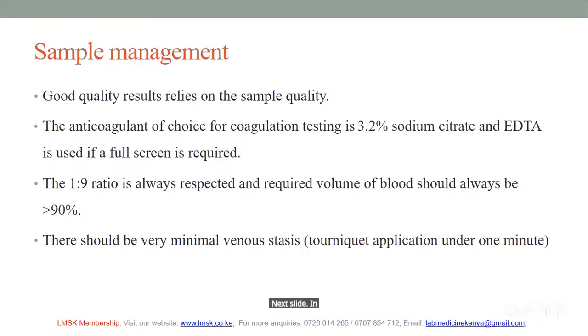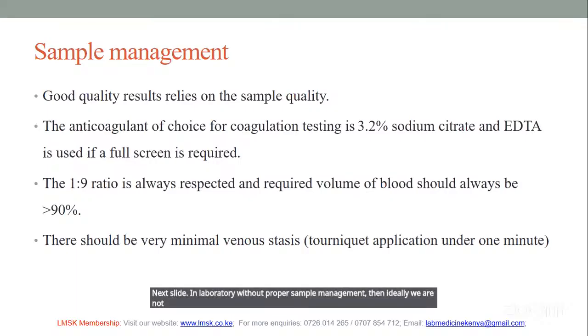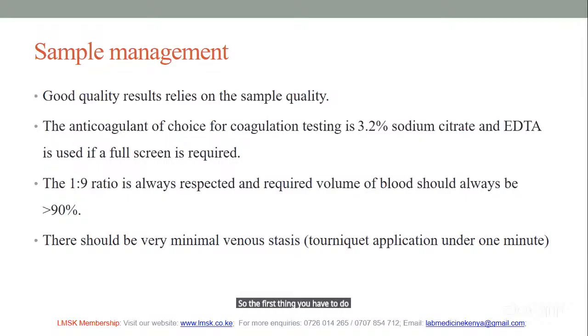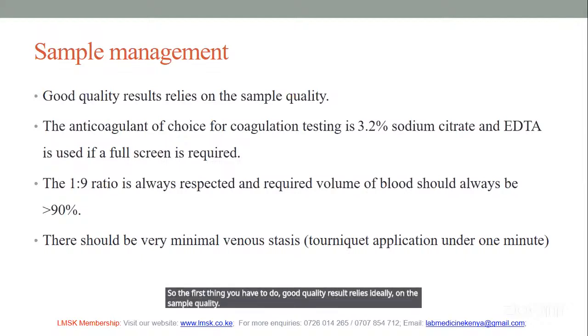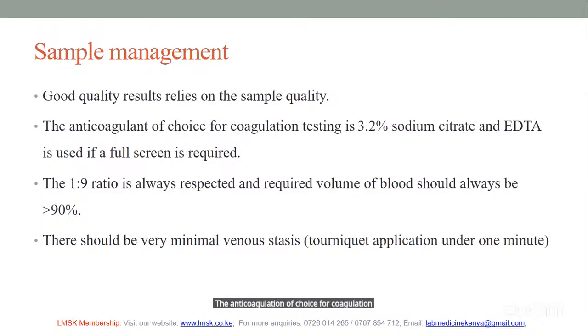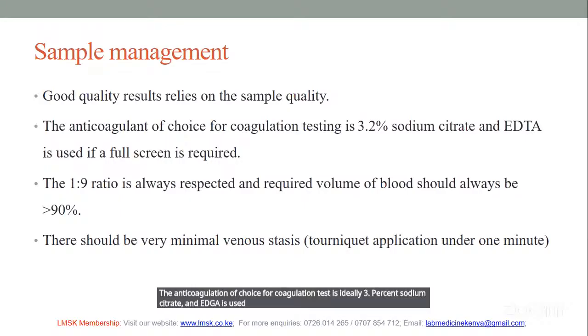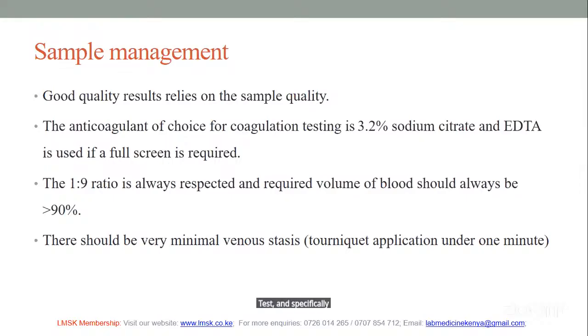In the laboratory, without proper sample management, ideally we are not giving what is going to help our patients. So the first thing is, a good quality result relies on sample quality. The anticoagulant of choice for coagulation tests is 3.2% sodium citrate, and EDTA is used if a full screening is required in cases of hemostatic tests, and specifically in this context, we are talking about hemophilia.